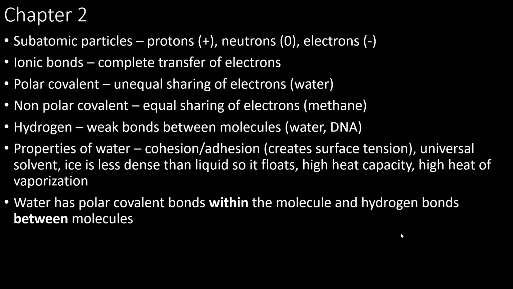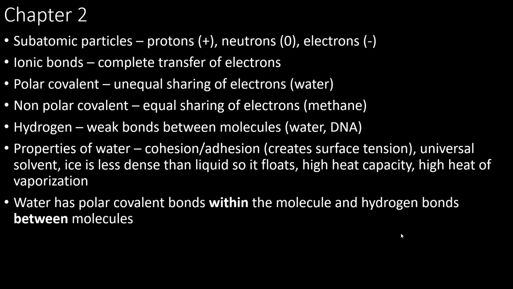On the other hand, when we have polar covalent or even nonpolar covalent, covalent bonds are where they share. Sometimes they share equally and sometimes they do not. So polar covalent bonds are when they do not share equally. So it's an unequal sharing, and this is like water.